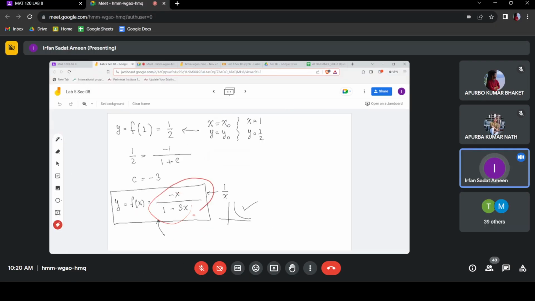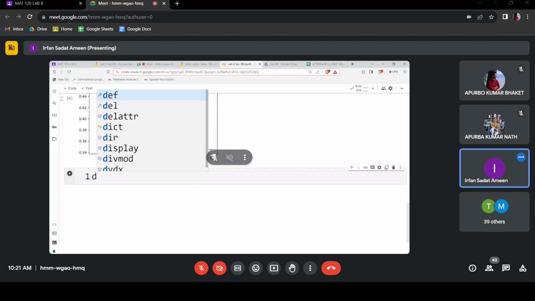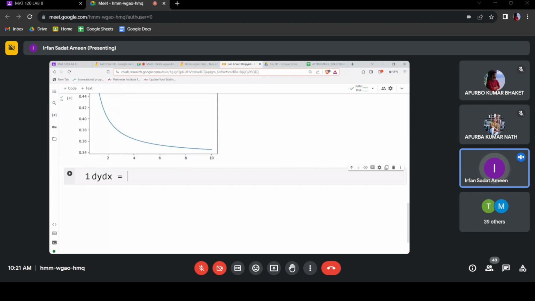Let's see if we do indeed get this expression. First, we need to make our derivative a symbolic expression, not a Python function like before, where we defined it as a Python function for numerical methods. Here we want a symbolic expression, and we need a few things.